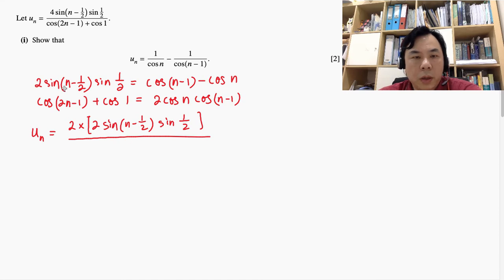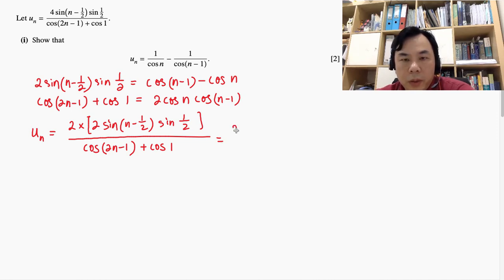And then the whole thing divided by the denominator plus cos 1. And then this whole thing can be simplified using the right hand expression here. So we can write it down as divided by, okay, so we have here cos n.